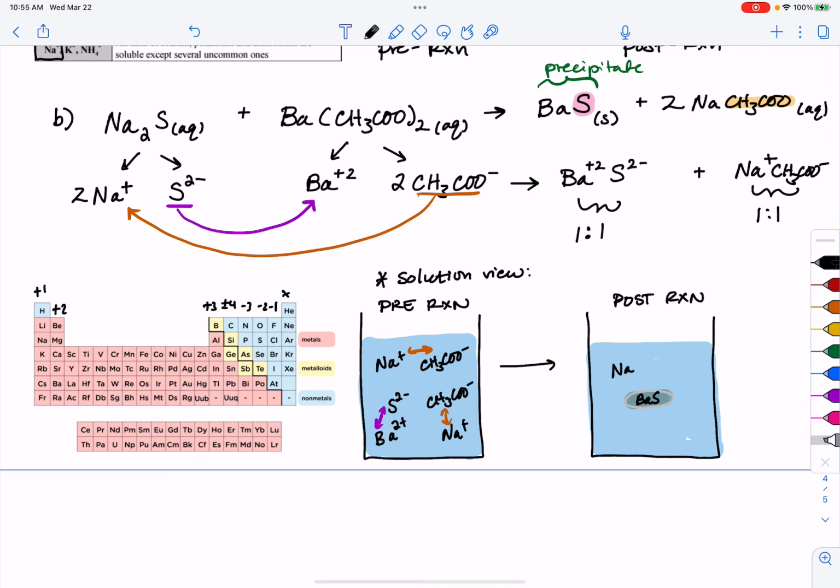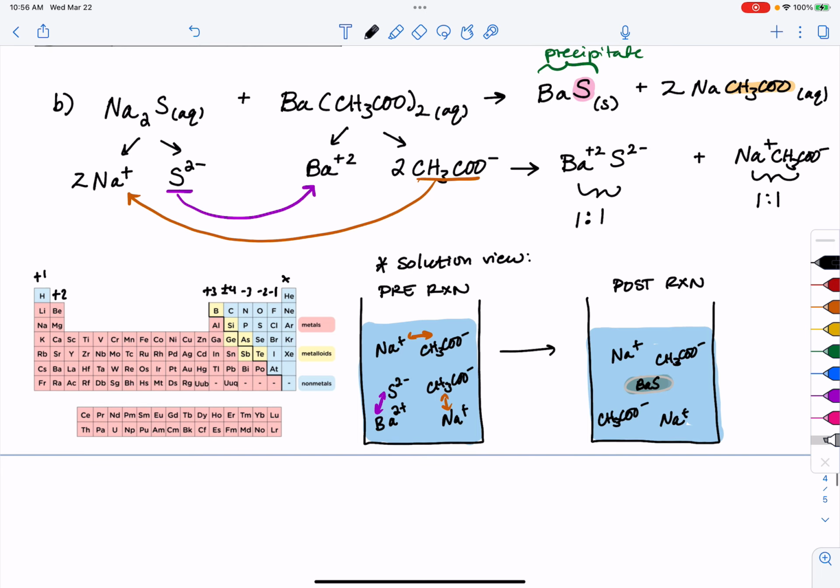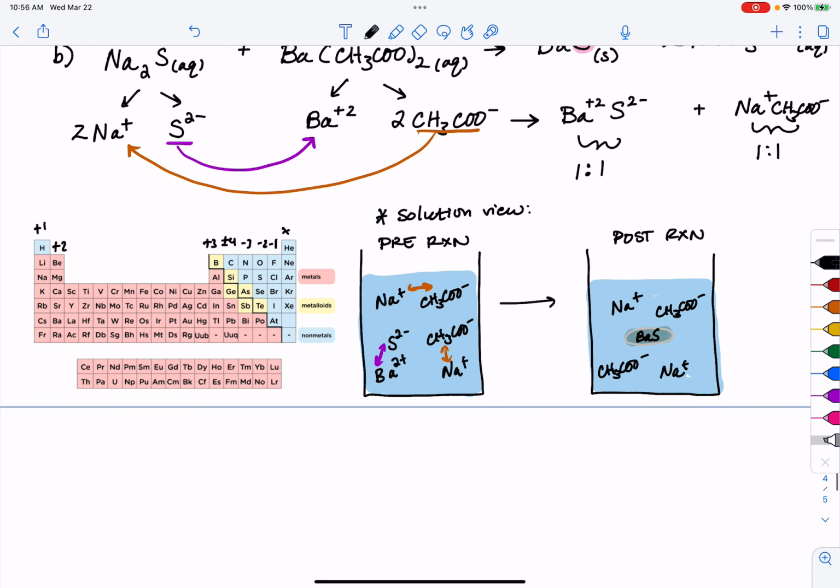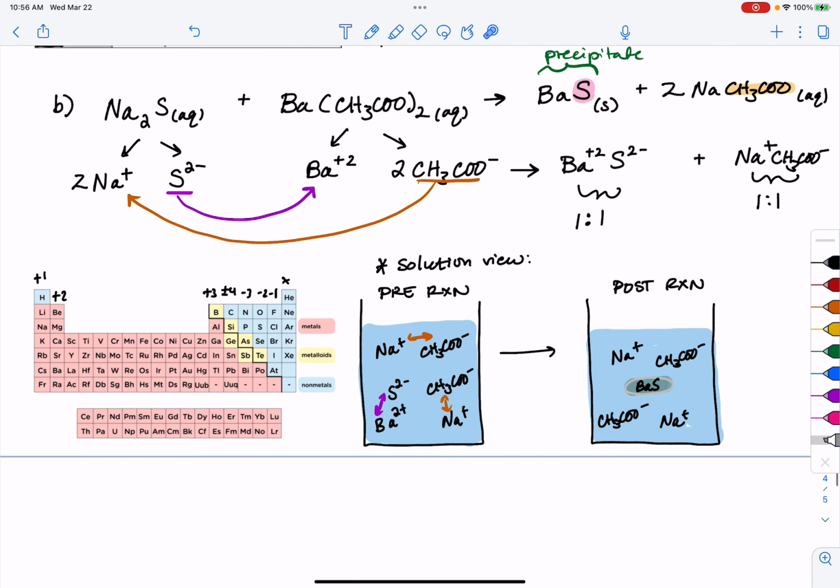So this would be shown as fully dissociated, so 2 Na pluses and 2 acetates. This is what we would see in our beaker or reaction vessel once the reaction has occurred. Probably might see some very light cloudiness. And then we have these sodium acetate ions still fully dissociated because sodium acetate is a soluble product.